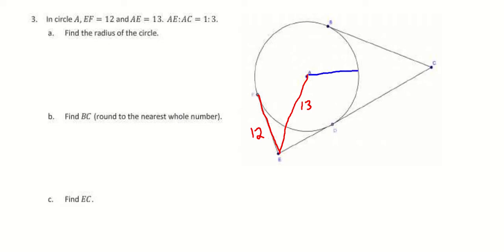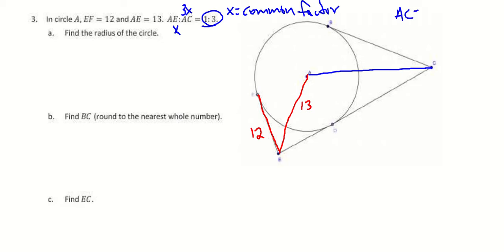Okay, so that would mean that if this is X, right? Remember we talked about if we see a ratio, X is the common factor. So if this is X, that means that AC is 3X. So we would know that AC is 3 times 13, which is 39. 3 times as big. Okay?